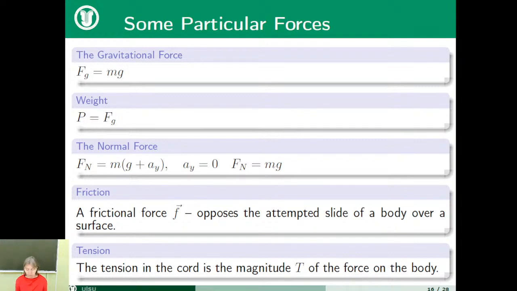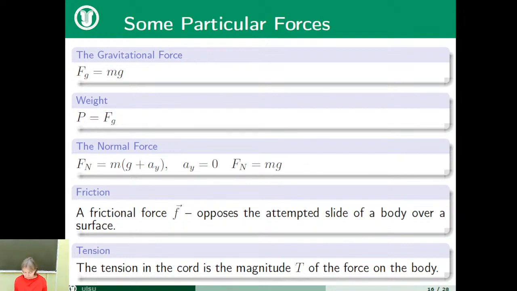Then the magnitude of the normal force is Fn equal to the sum mg and ma, or the product m times g plus ay, for any vertical acceleration ay of the table and the block.